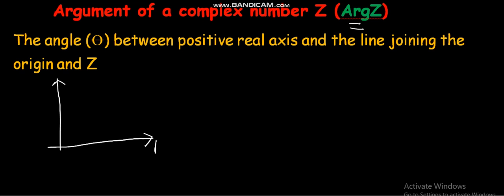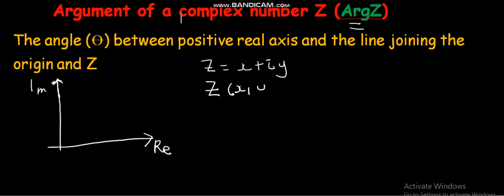We have the real axis and the imaginary axis. Now, remember our z, we said that by definition is x plus iy, and it is just a set of points x and y.